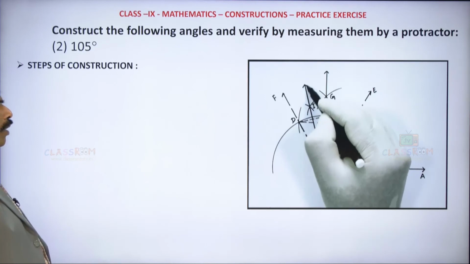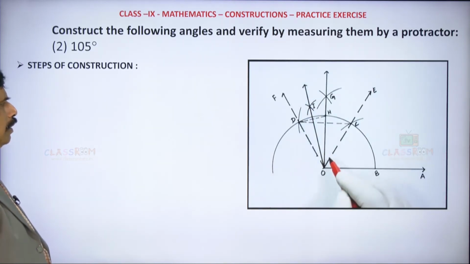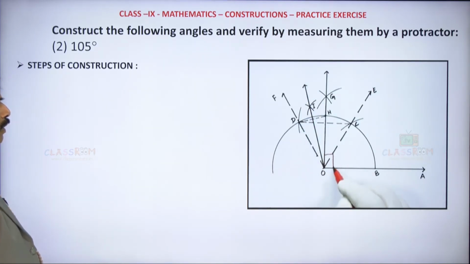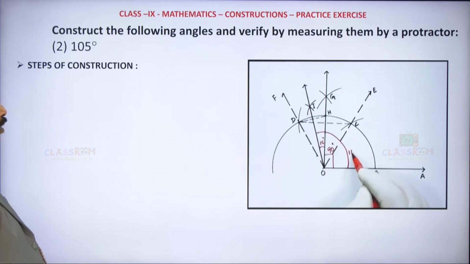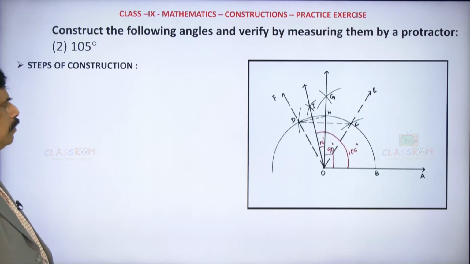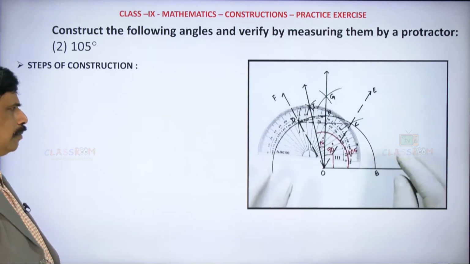So angle AOI, that is 90, and this portion is 15. So we say angle AOI is 105 degrees. Is it clear? This is the construction.